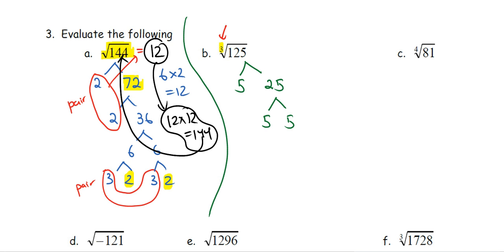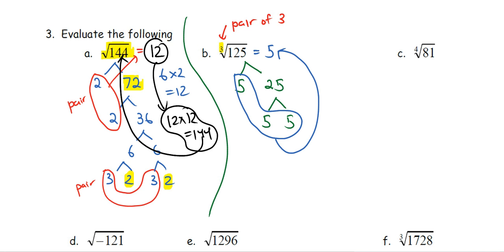This 3 means you've got to find a group of 3 numbers that are the same. So here are 3 numbers that are the same. This is my group of 3 right there. So this is simply going to be 5. These 3 5s combine into just 1 5 as your final answer.